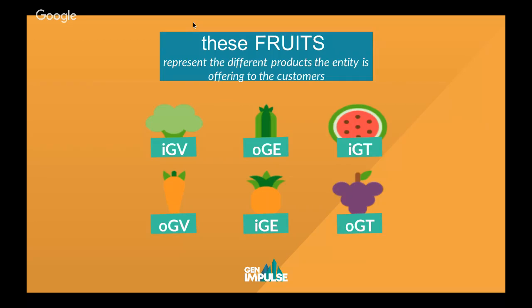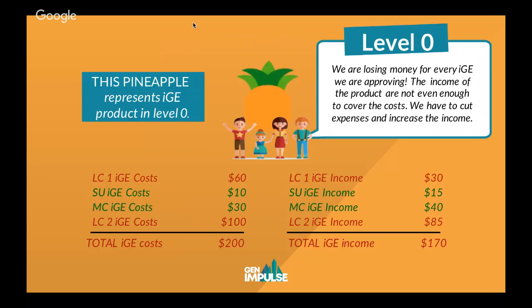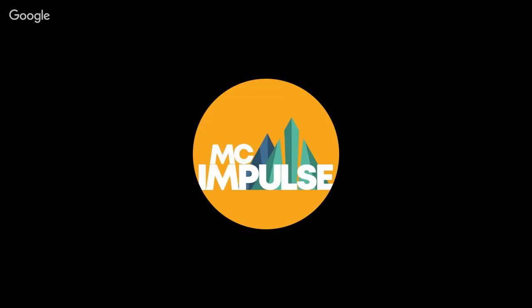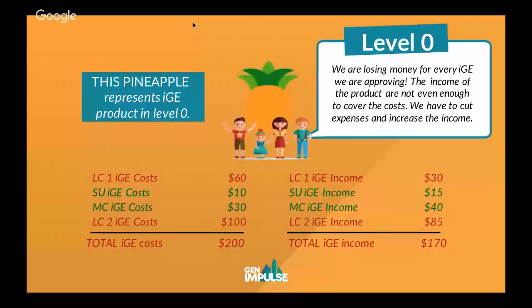I'm going to show you more specifically how it works, and for the example, we're going to take IGE, right? On level 0, we are losing money for every IGE that we're approving, because the income cannot even cover its own costs. For example, you can see that the total IGE costs are larger than the total IGE income.